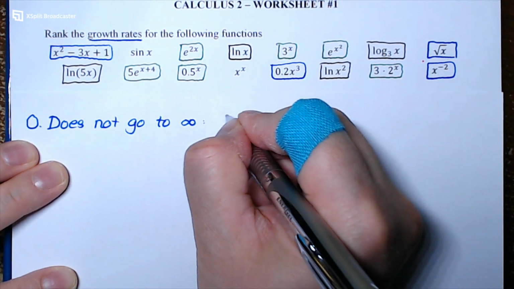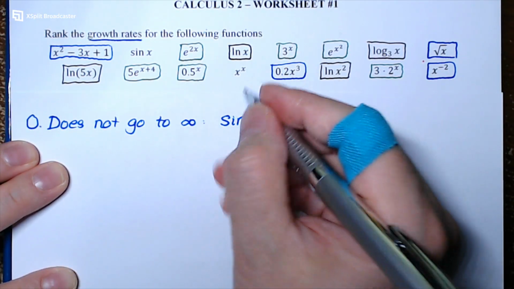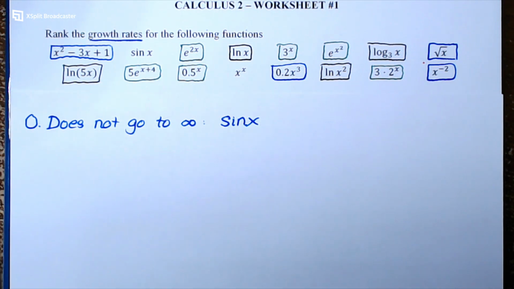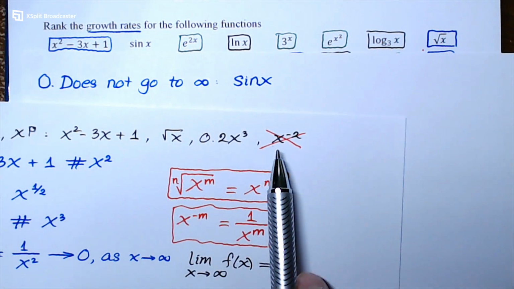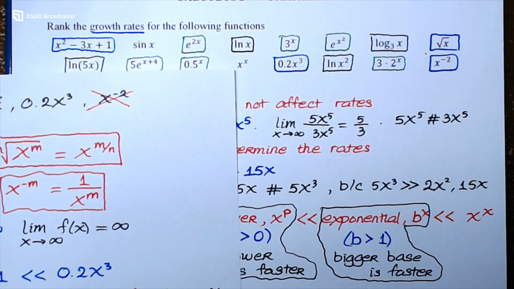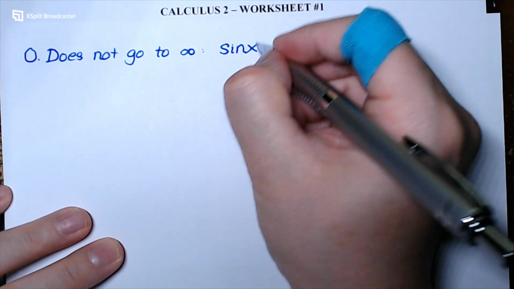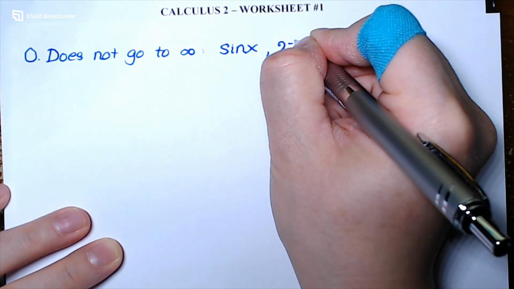So you have sin x, between -1 and 1, therefore it does not go to infinity. And then in the power, we have x to -2. We're not saying they have a comparable rate, but that they do not go to infinity.